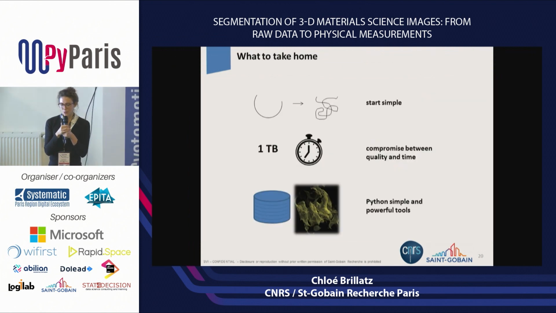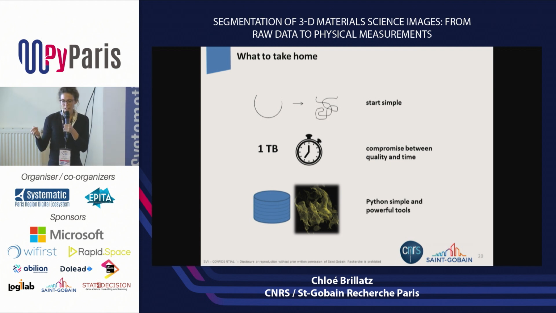So yeah, I'll conclude with this presentation. So what you can take home is that if you're doing image processing, first it's always better to start simple, and then you can have a more complex algorithm if it's needed. But first, always try the simplest modules. Then in image processing, we have a lot of data.